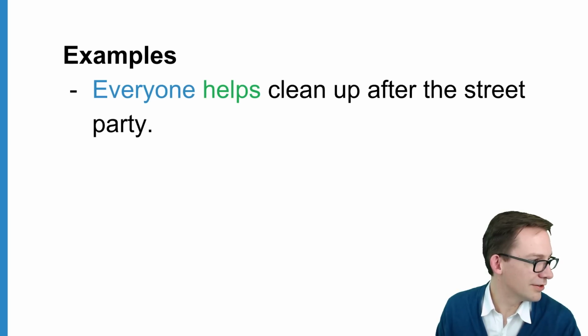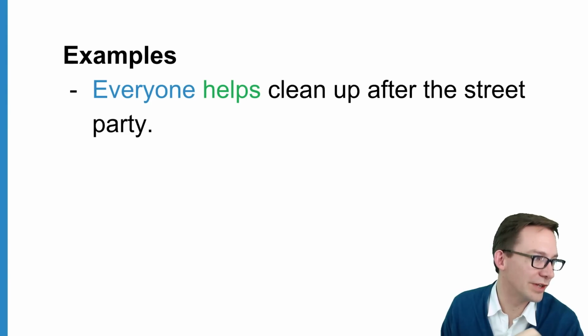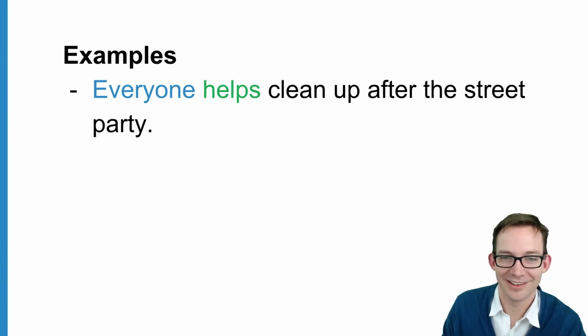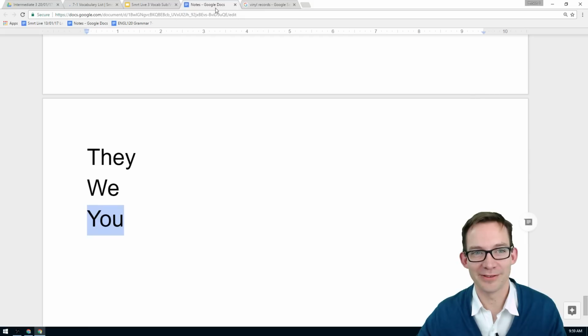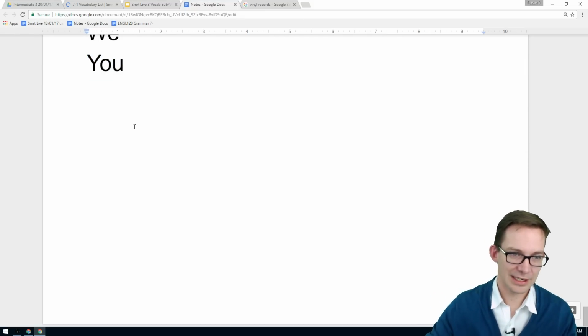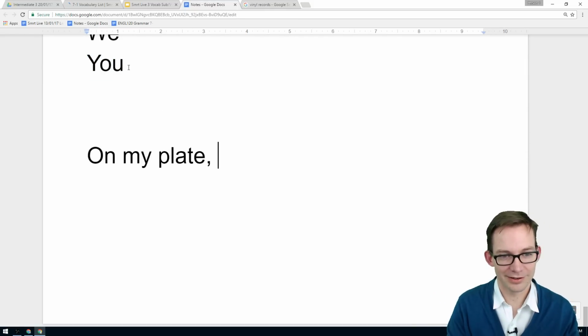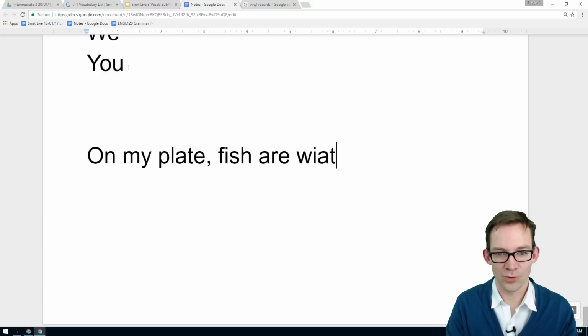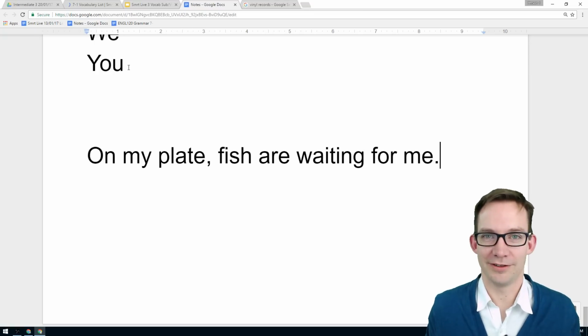On my plate, Vivek says, fish are waiting for me. Only if you have more than one whole fish, okay? All right, I'll jump out for Vivek there. He's saying this sentence: on my plate, fish are waiting for me. Well, possibly, Vivek.